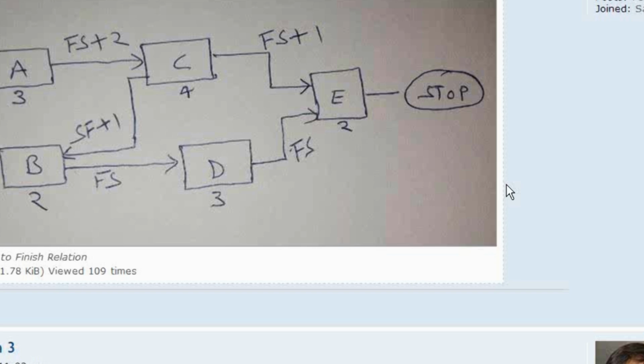Now that float is primarily driven by some constraints where you have different early and late start dates. In most cases you will find the critical path with 0 float, but if some constraint is applied, like I want this by this date, or you cannot start before this particular date, you may have a float in a critical path as well.